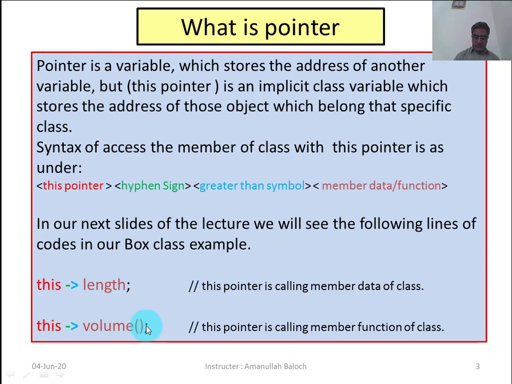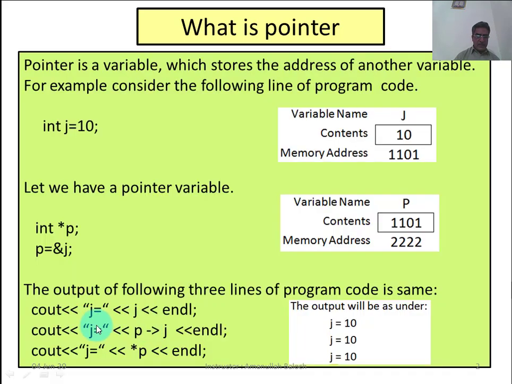In the next line, j is equal to p->j. This is the notation of a pointer. How does a pointer access the value of j? p, hyphen, greater than symbol, and then j. This syntax will access the value of j.